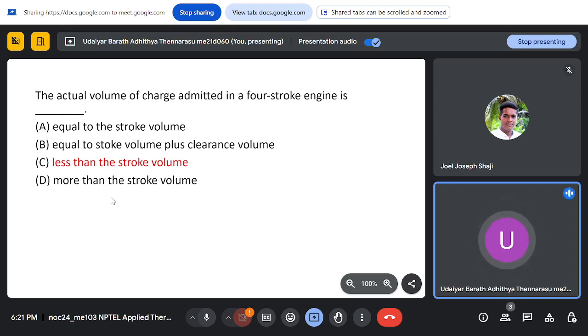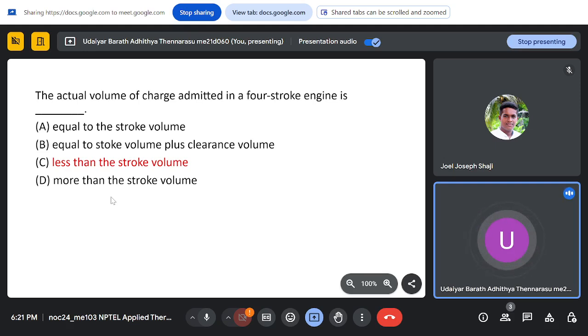That's why you define an efficiency called volumetric efficiency. That basically says the volume of your charge, your air plus fuel mixture, which is coming in, divided by the swept volume, or we can write it in terms of mass also. So the mass which is coming in divided by density times swept volume. That gives you the volumetric efficiency. So that defines how much actual charge you get.